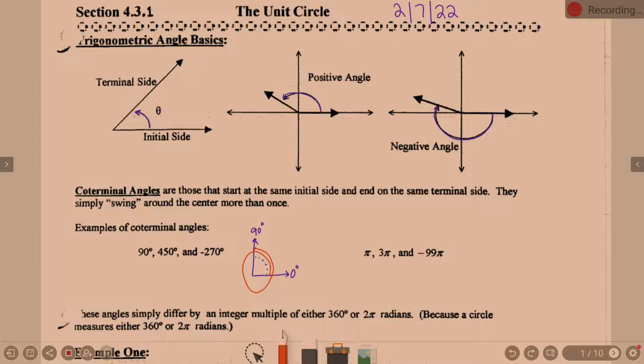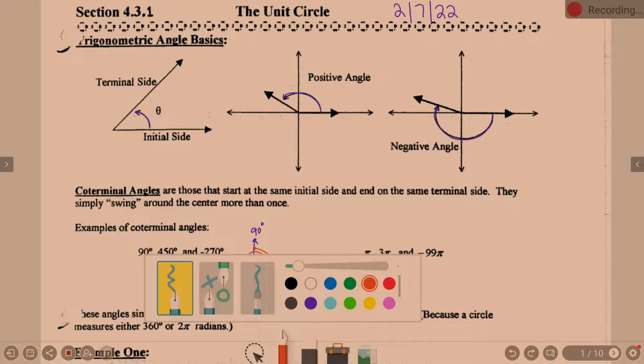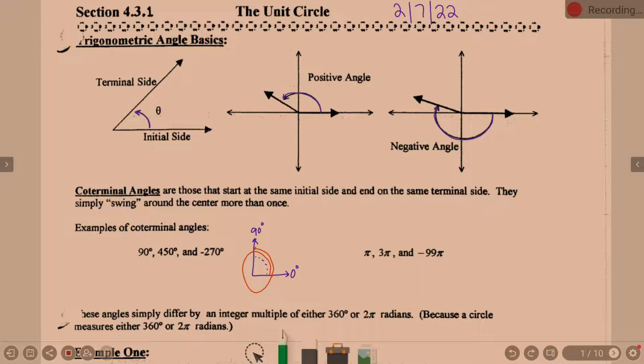Now, we also have negative 270. If you recall from up above, negative says we still start at 0, but instead of going counterclockwise, we go clockwise. So if you follow here, right there would be negative 90. If I get over here at the halfway point, we're at negative 180. And then guess what we're at right up here?